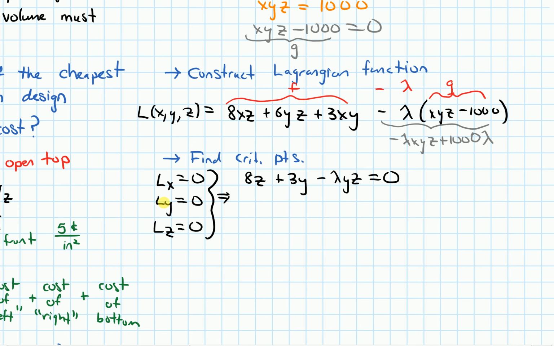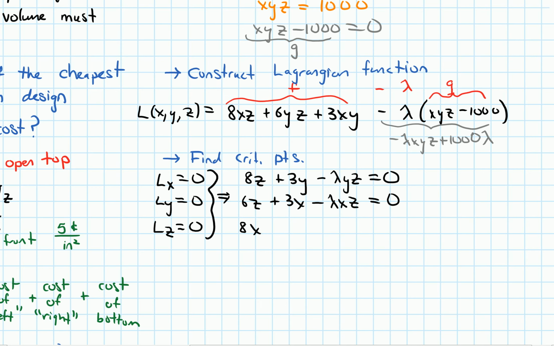And now I'll do the partial with respect to y. First term, that partial is 0. The next term, that partial is 6z. The third term, it's going to be plus 3x. This fourth term, with this minus lambda xyz, I'll get minus lambda xz equals 0. And then partial with respect to z, when I do it for the first term, I'll get 8x.